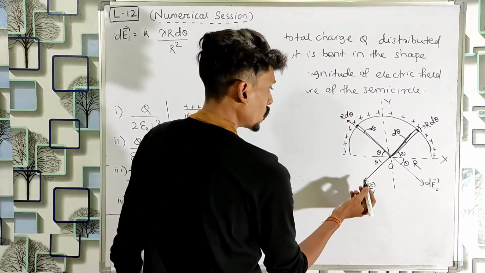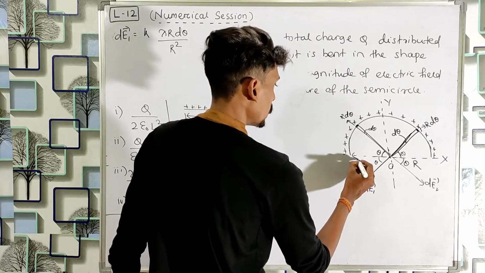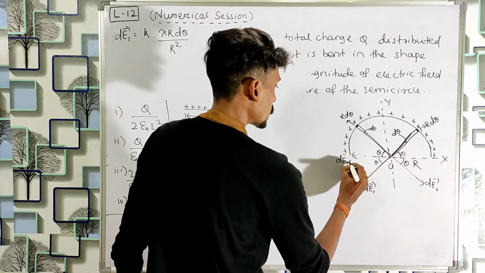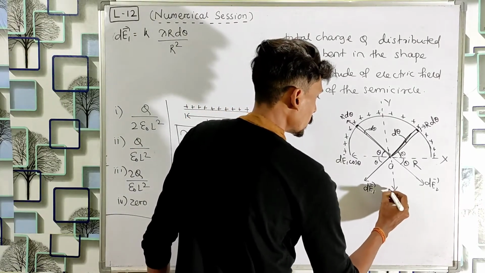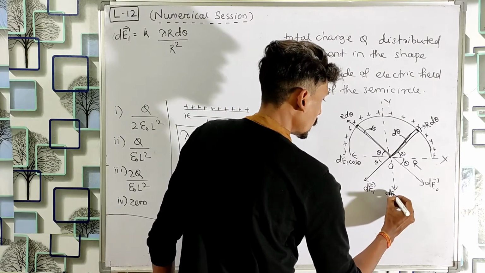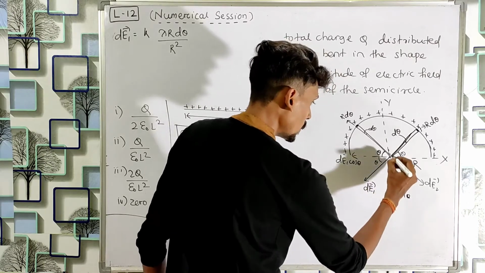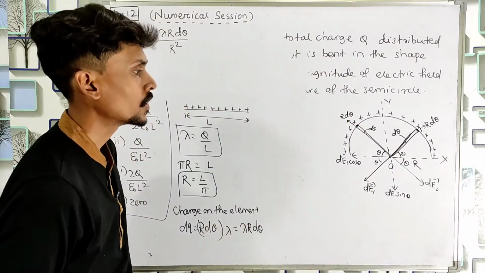Now if you resolve the dE1 vector, you will get dE1 cos theta towards the left, and dE1 sin theta in the vertically downward direction.